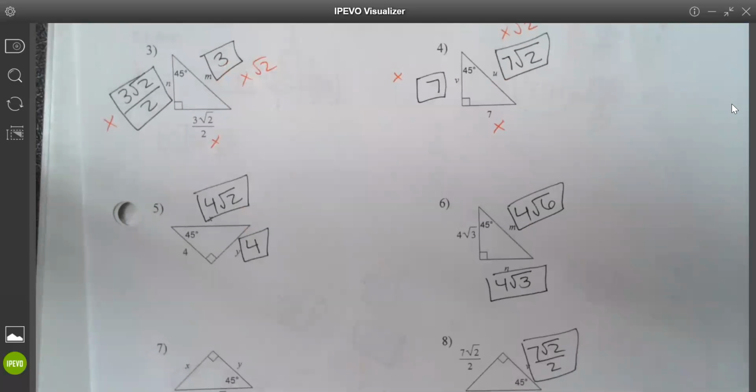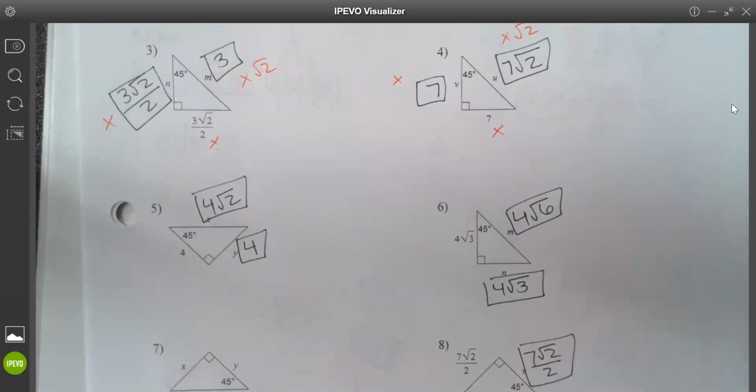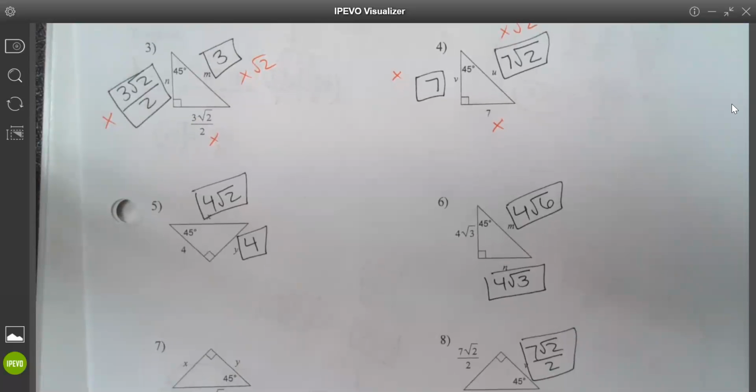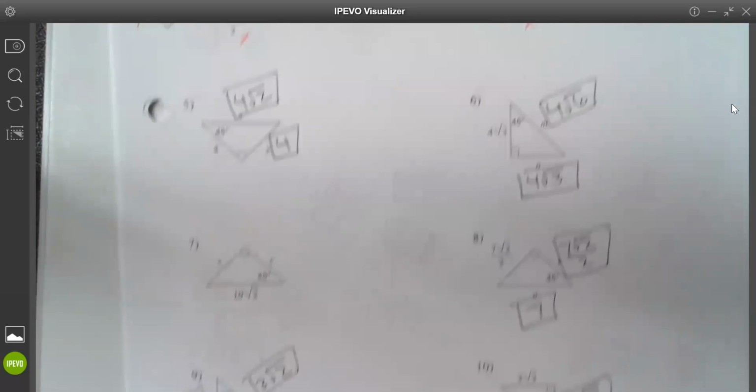I'm going to move it down, and I'm going to move this down to the bottom. We'll do 7 together.